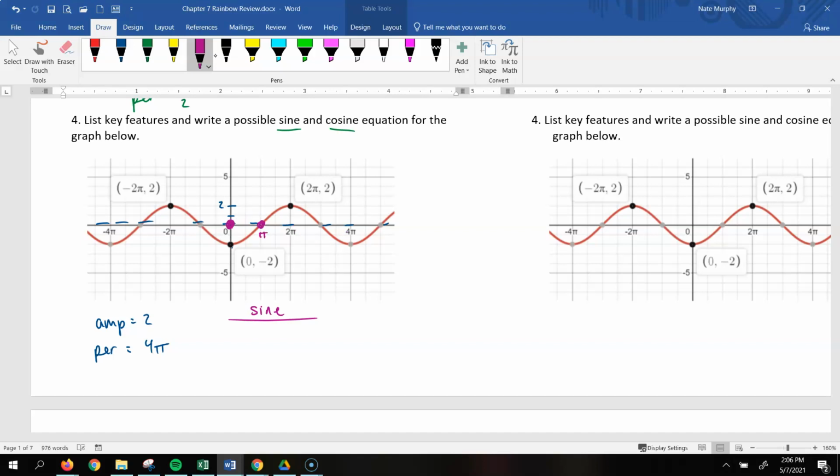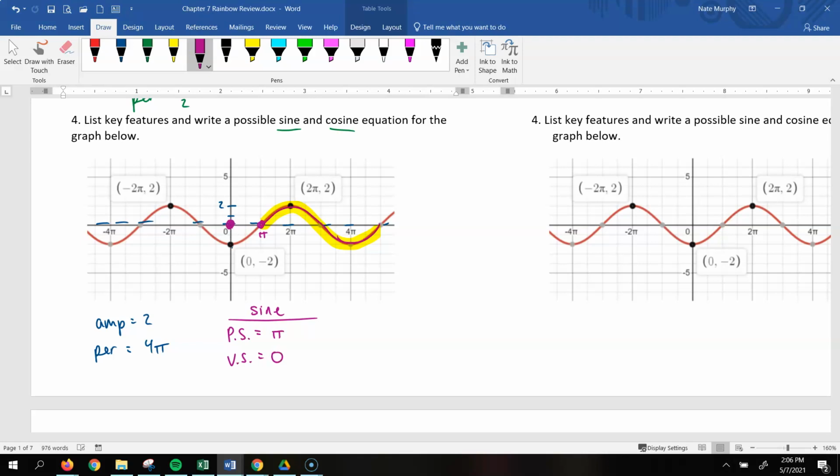So this is at pi. So here is, let me highlight that instead. Here is my sine function. Okay, so let's move to the right pi units. So the phase shift would be pi. The vertical shift, it's not going up or down.